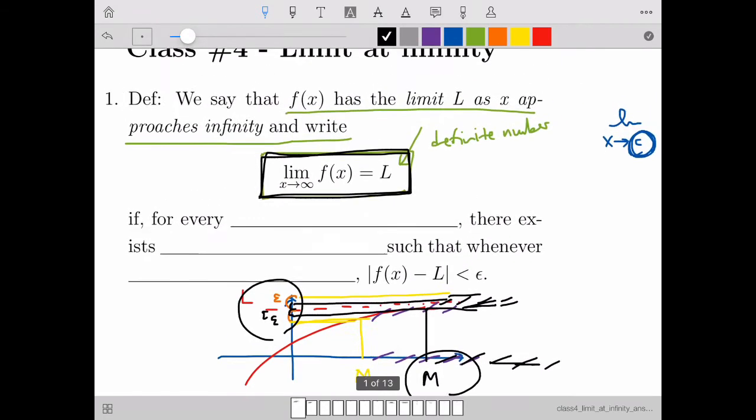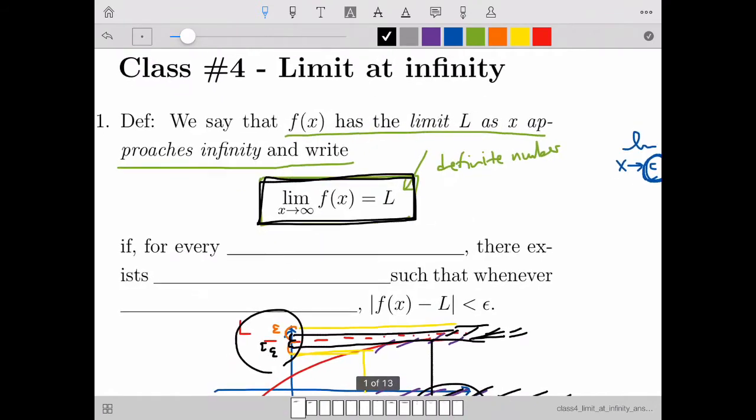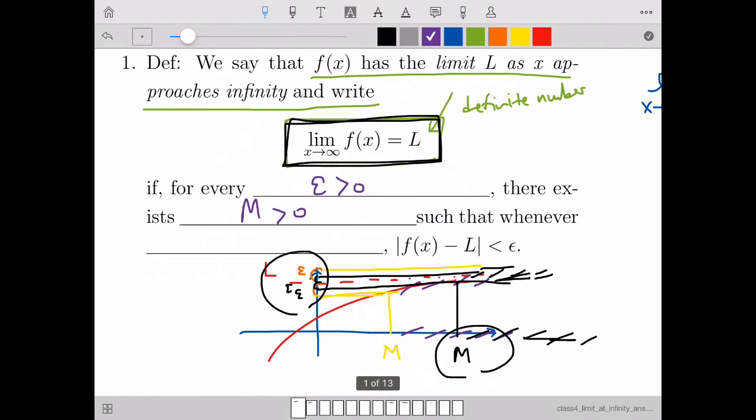Okay, so let's fill in the blanks. If for every epsilon positive there exists some positive number m, such that whenever x is bigger than m, the difference between f of x and L is less than epsilon.